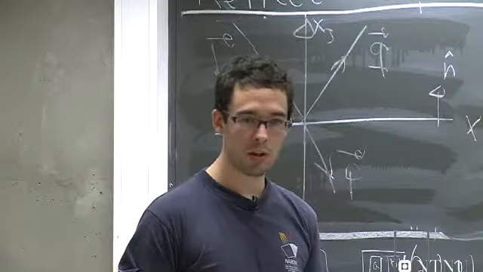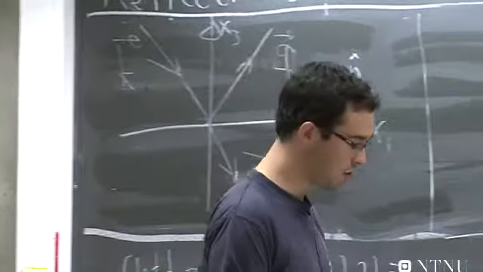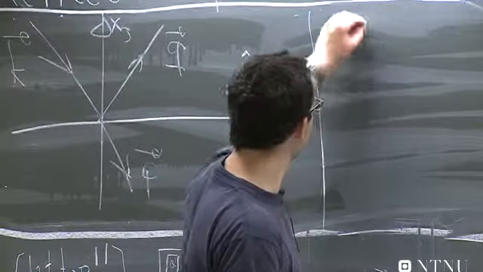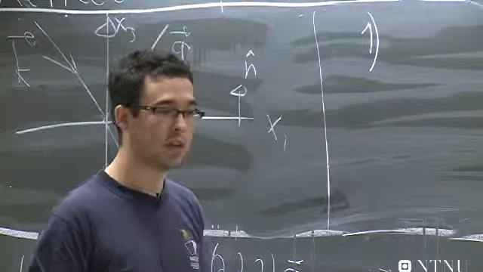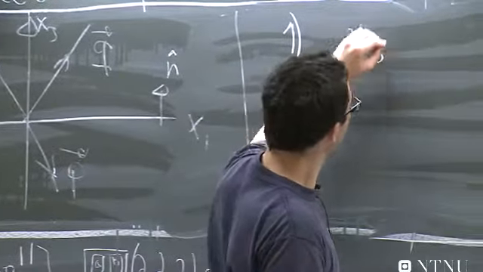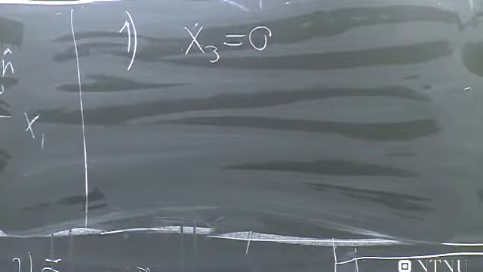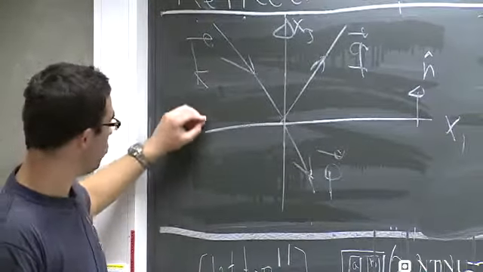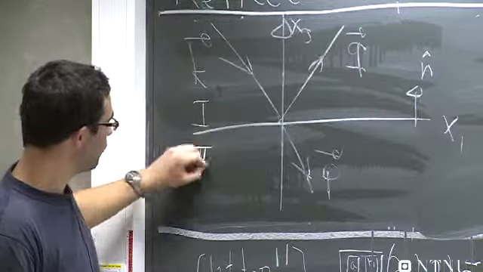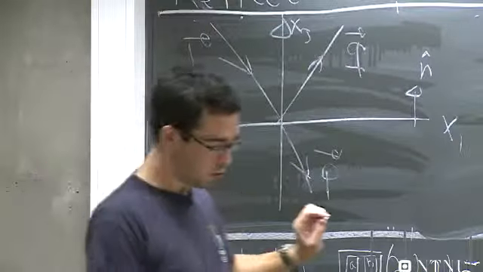They tell us how the electric field behaves at interfaces. And there are two boundaries, so to speak. First one is at x3 equal to 0. And that's this interface right here. So I have, let's see, medium 1, medium 2, the interface between those two media.